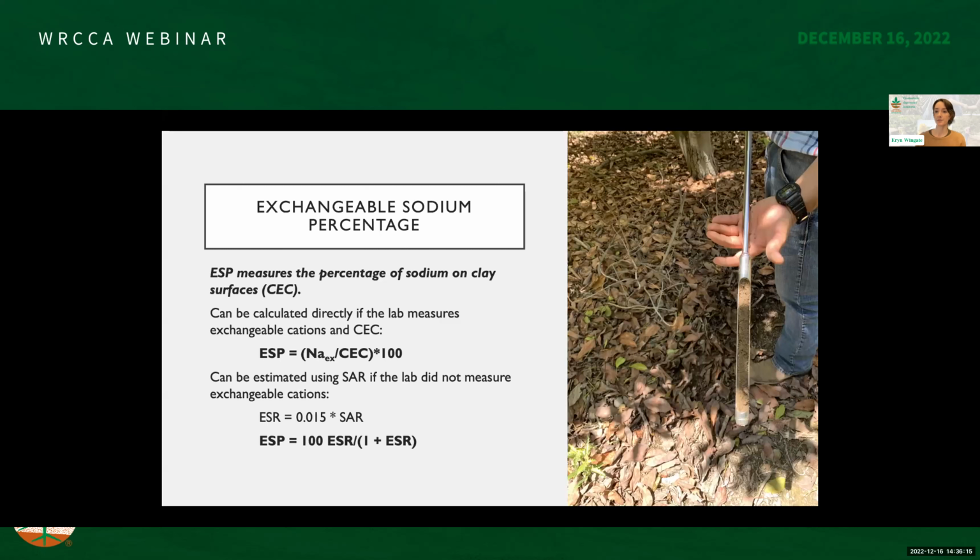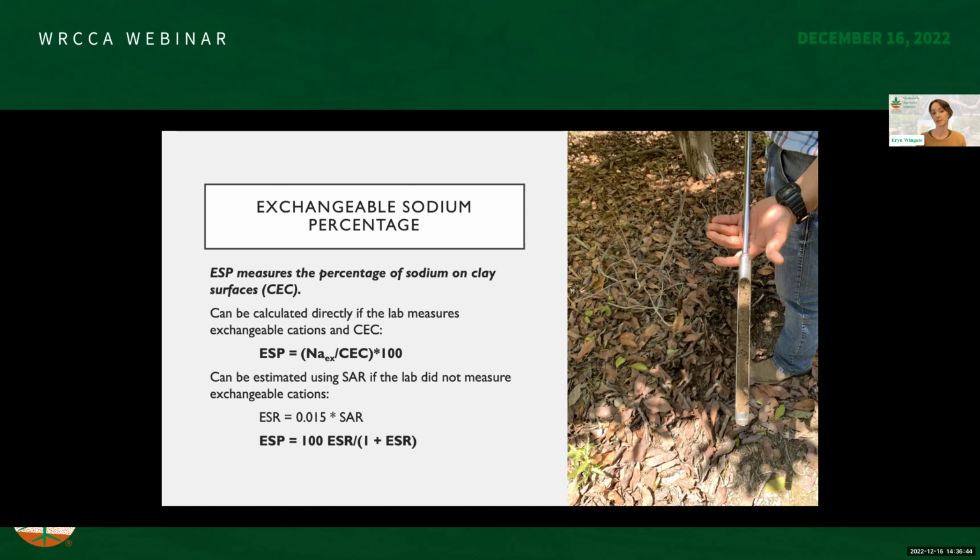So one of the major factors that we're looking at when we're trying to understand whether the soil is salt affected is the exchangeable sodium percentage. And that is the percent of sodium that's occupying the cation exchange sites. So we've got clay particles in our soil that have the negative charge, and they're attracting positively charged cations.